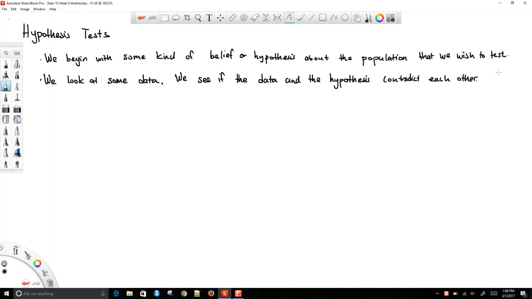And so if there is a contradiction, then the fact that you have this data causes you to doubt or reject this belief or hypothesis.